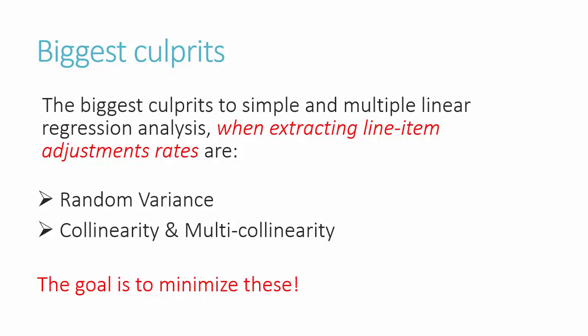So when these residuals get big, the bigger they get, then it can interfere with us getting an accurate coefficient. Also, something that didn't involve finding a value at all, we've got to be concerned about collinearity and multicollinearity. So our goal in this seminar is to talk about how we minimize these.